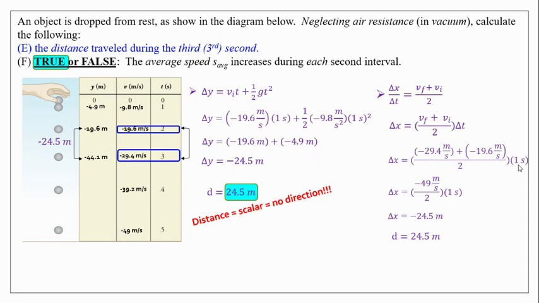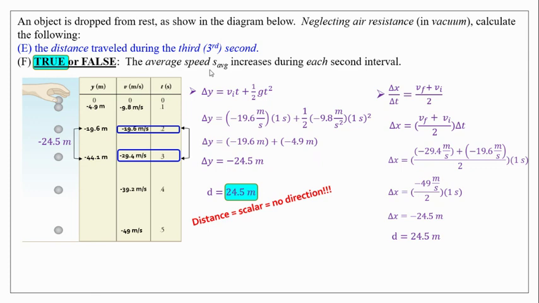And then part E is true because it says here the average speed increases during each second interval. It's true because as an object falls, it picks up speed. As it picks up speed, it covers more distance each second. So average speed is distance over time. It says during each second, so t would just be 1 second, but the numerator would be bigger. Speed equals distance over time.